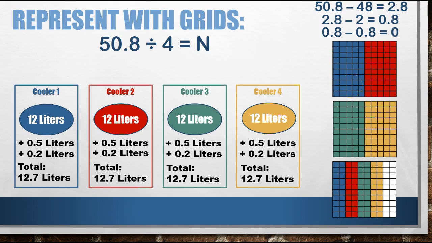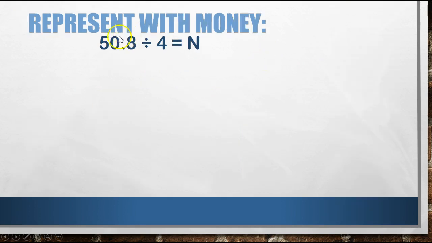We find the total for each cooler by adding the 12 liters, the 5/10 liters, and the 2/10 liters. The total is 12 7/10 liters of punch. So 50 8/10 divided by 4 equals 12 7/10.